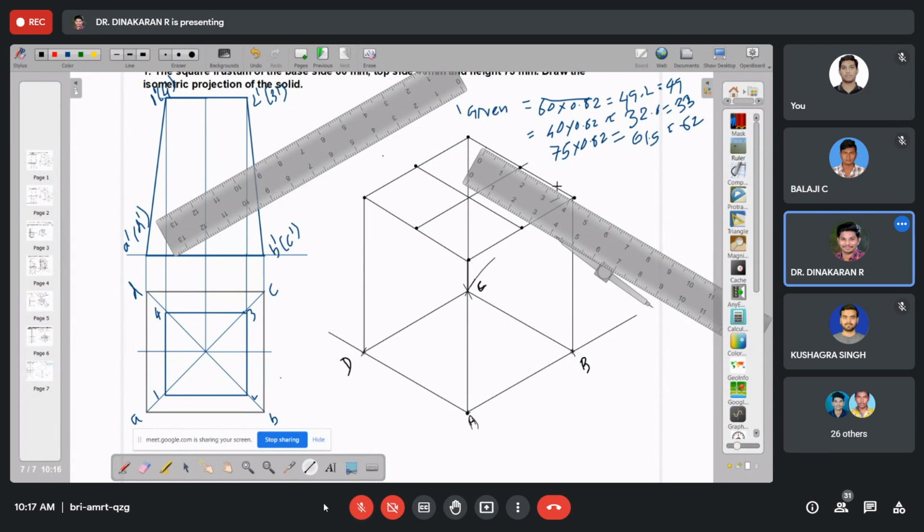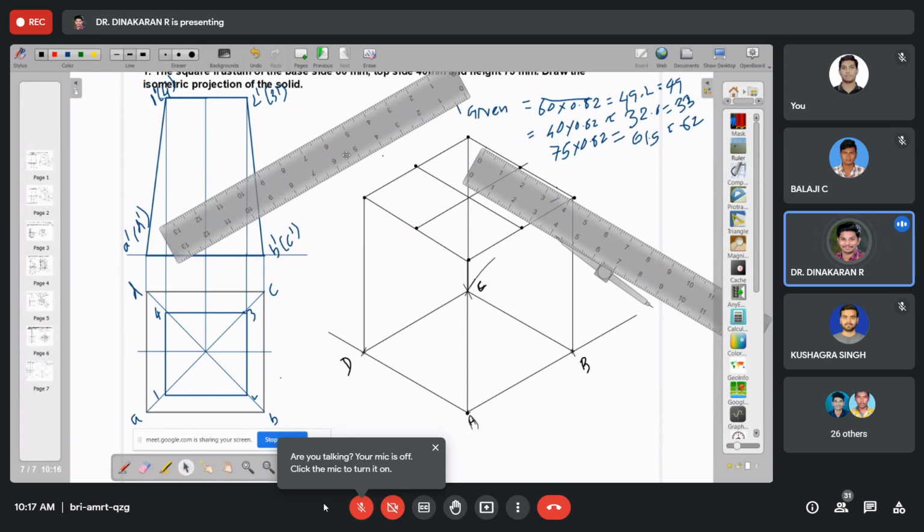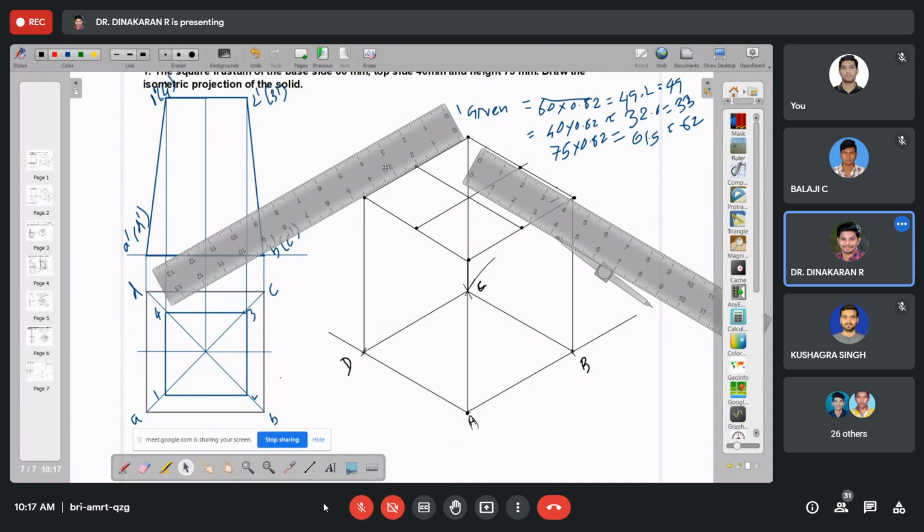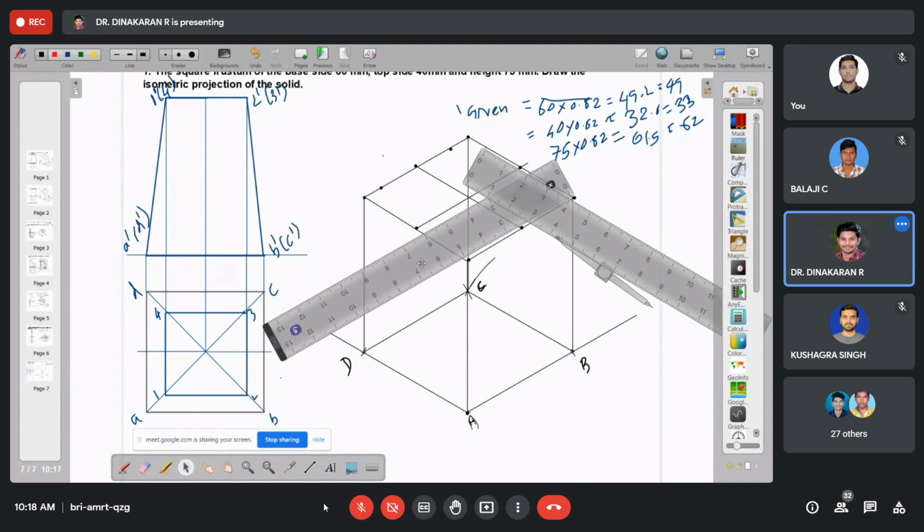Okay. Same way, 16.4, 53. Scale here also.